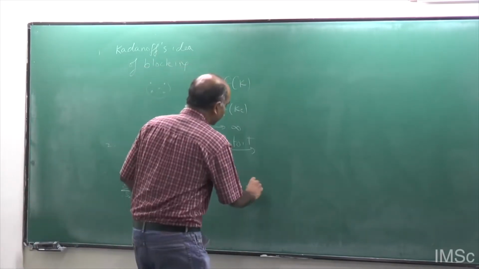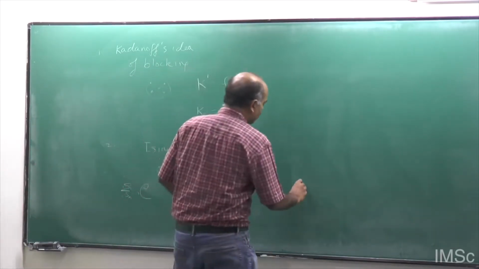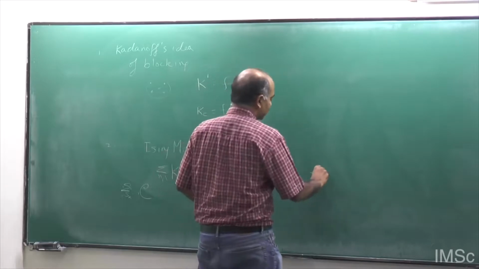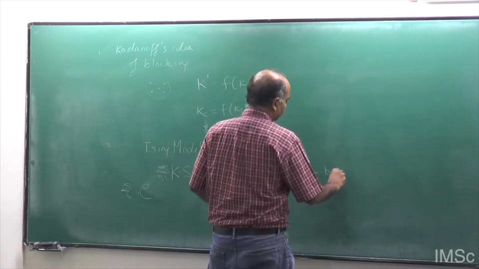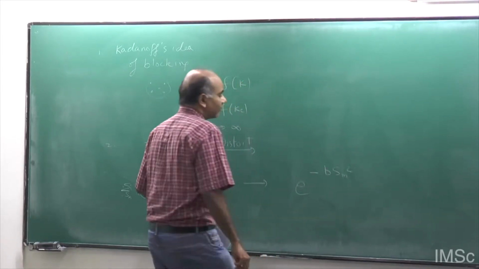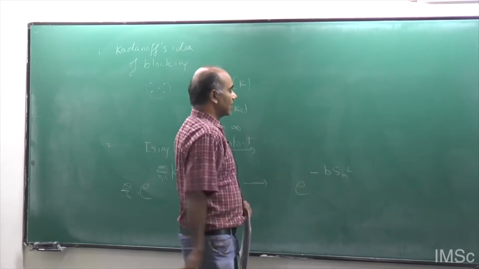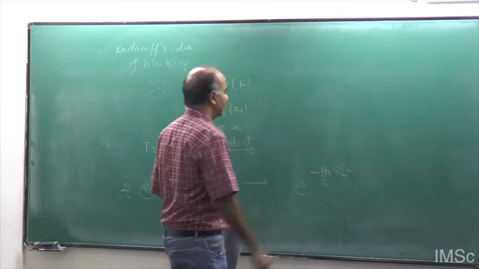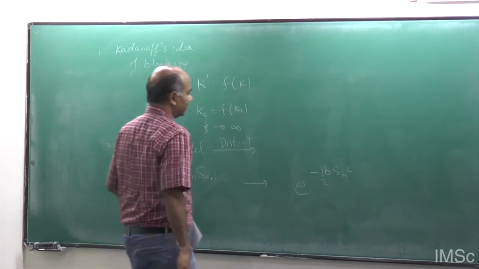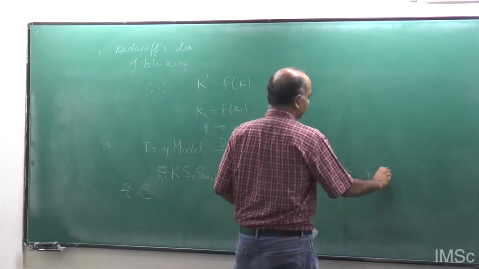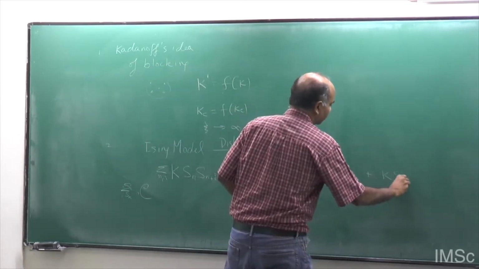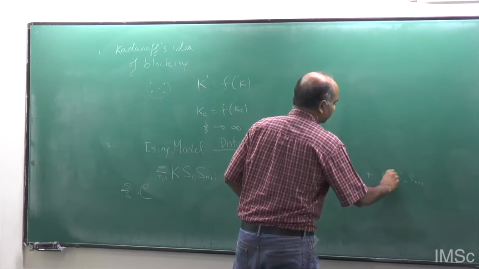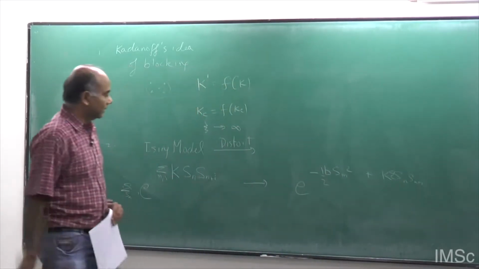And this was distorted to a model where we ended up with something like this, where the delta function is replaced by a Gaussian weight like that. And then this term is still there, plus the k. And so on.